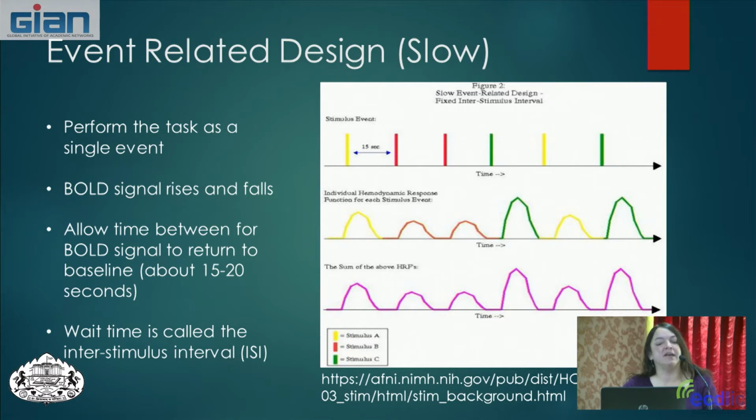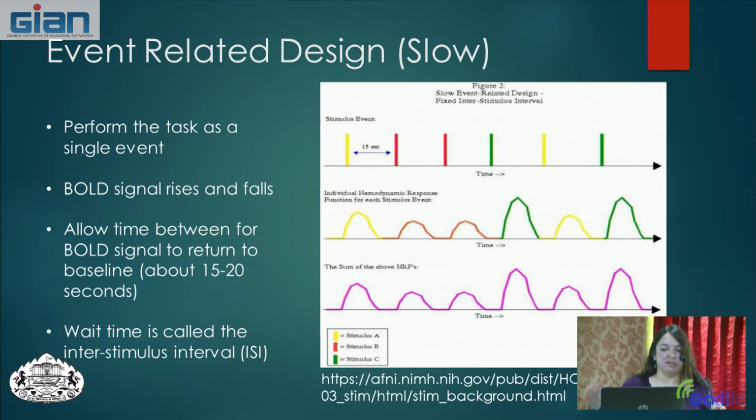In response to these disadvantages, people came up with this other design called an event-related design. In an event-related design, you perform the task as a single event. So we're having the BOLD signal rise and then fall again. For example, instead of looking at a lot of faces over a period of time, you'd look at a single face and then it turns off.